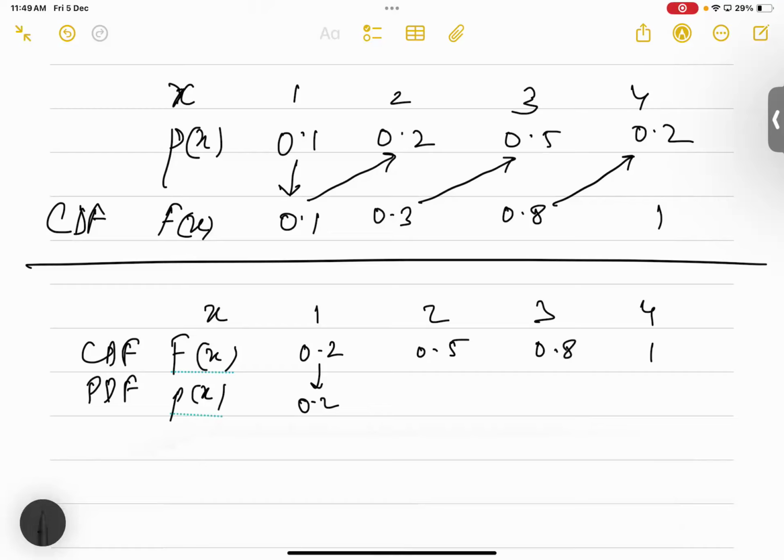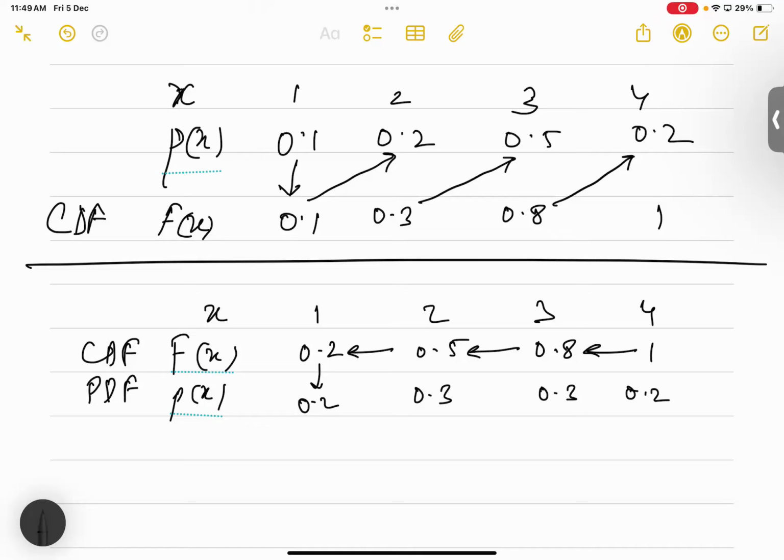So first value remains as it is. Now this minus this is 0.3. This minus this is 0.3, and this minus this is 0.2. So from PDF to CDF and CDF to PDF, these things we have already done. I was just revising this.